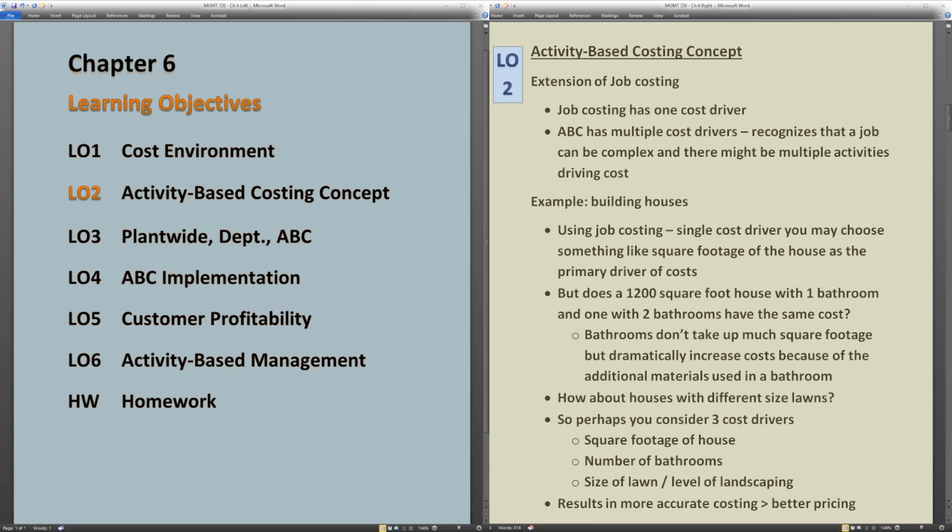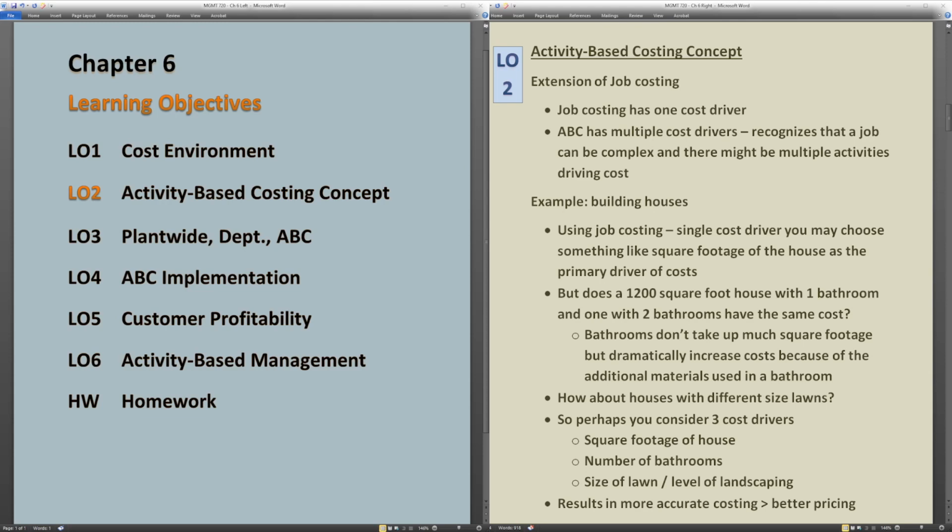So maybe you come up with three cost drivers and say, we're going to base our costing on square footage, the number of bathrooms, and the size of the lawn, and say that these three things, when taken together, give us a more accurate picture of the cost by house than if we just went with one simple cost driver such as just the square footage.